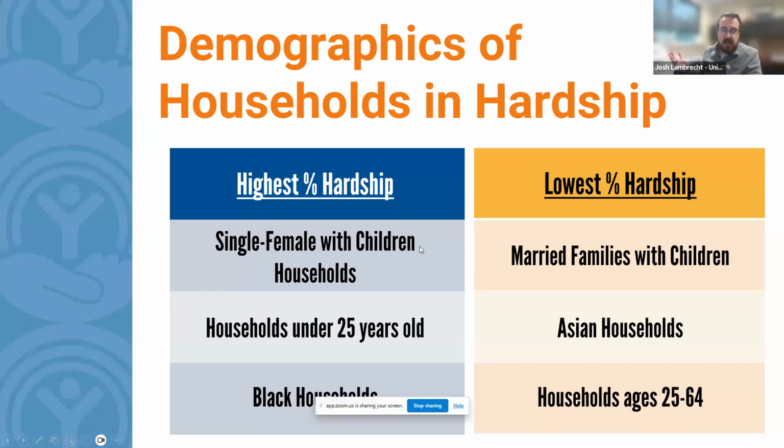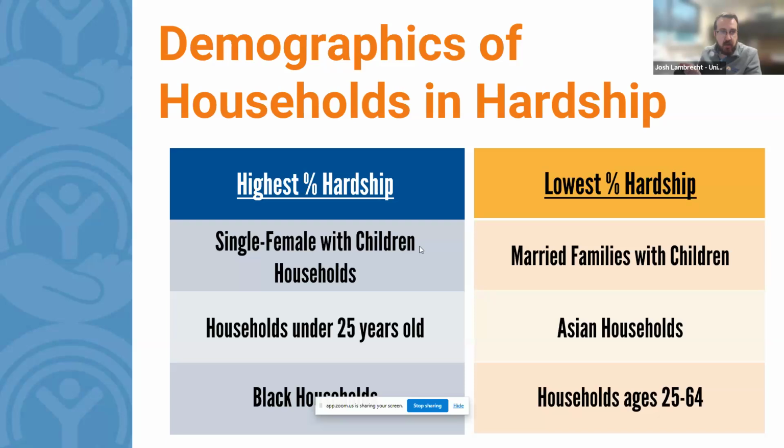We also know there's some common demographic consistency over the last several years with regards to the demographics of folks having the highest percentage of hardship versus those having lesser challenges. Single female households with children are the number one highest percentage of households in the ALICE threshold or below.